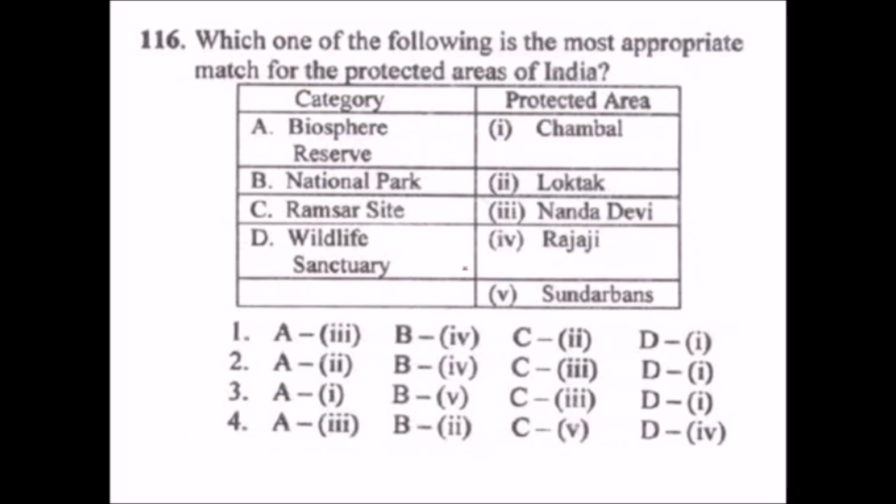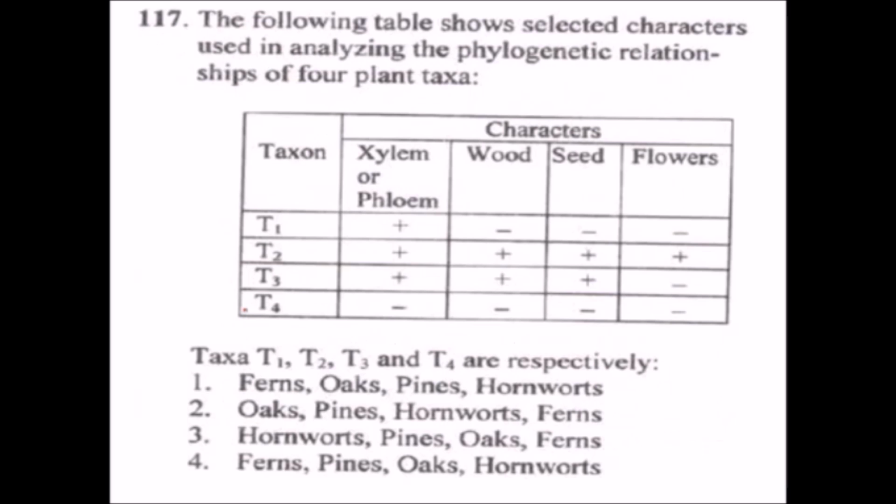It's not the Sundarbans, that's the additional one. So as per this, A goes with number 3 and B with number 4, and the answer will be number 1.